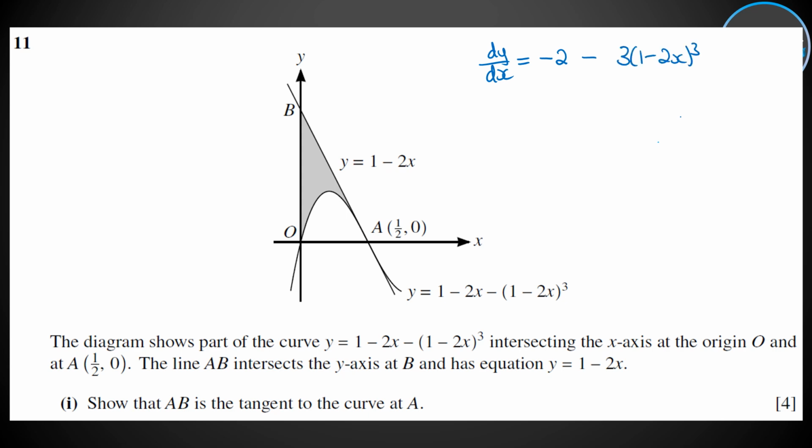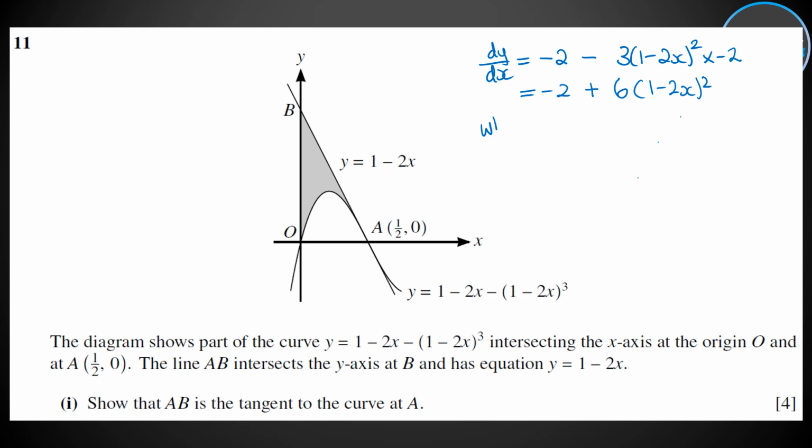So we'll do that and then times it by, oops, that should have been a 2 there, and then times it by the -2. So that becomes -2 plus 6, 1 minus 2x squared.